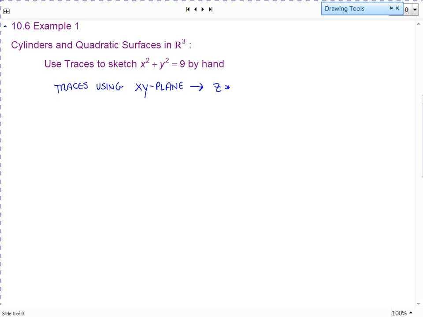But I want to be able to move that plane up and down. So instead of Z is 0, I want to use Z is 0, Z is 1, Z is 2, Z is -1, Z is -2. So I'm just going to let Z be some constant. I'm going to call it K. Now, let's write down the equation that we were given. And tell me what happens if you let Z be K.